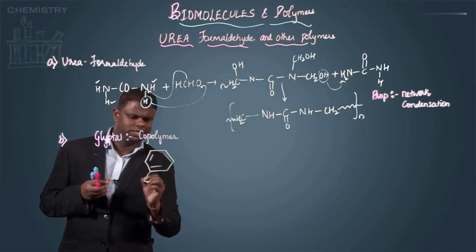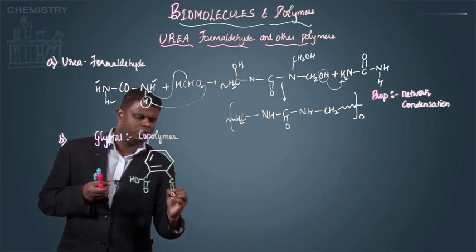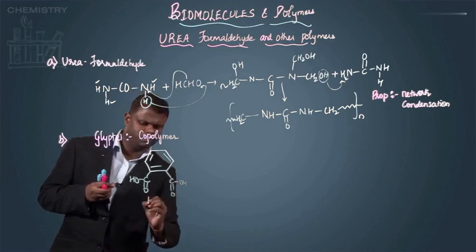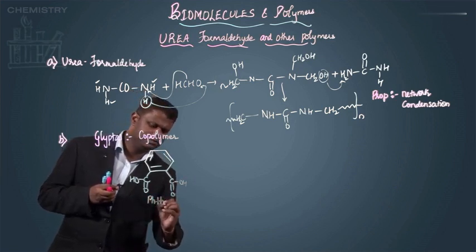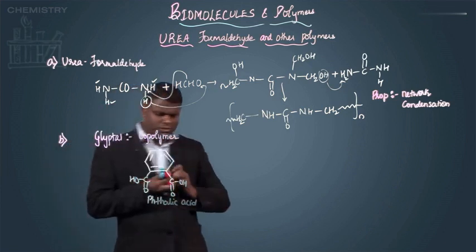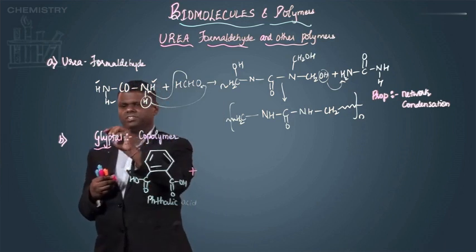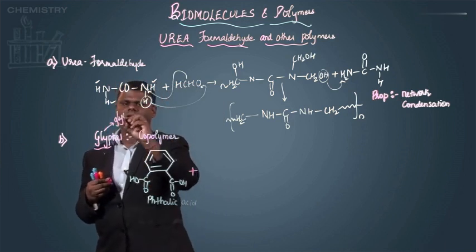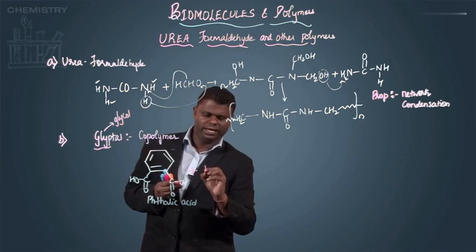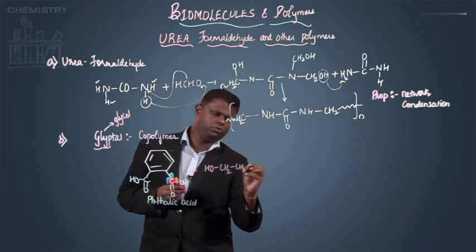So you have C double bond O, OH, and then you have C double bond O, OH. This is nothing but phthalic acid. So this condenses with a molecule of GLY. It stands for glycol. So you have HO, CH2, CH2, OH.